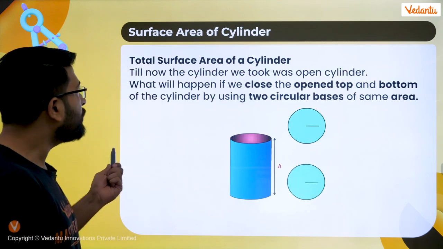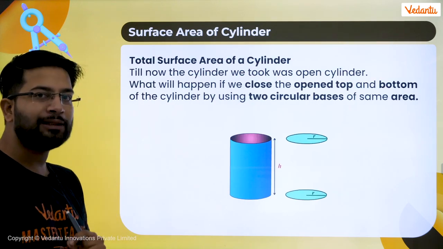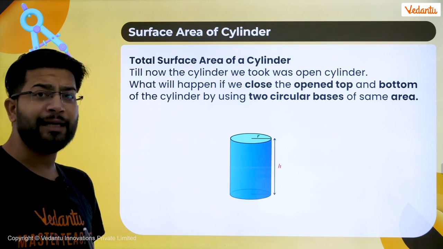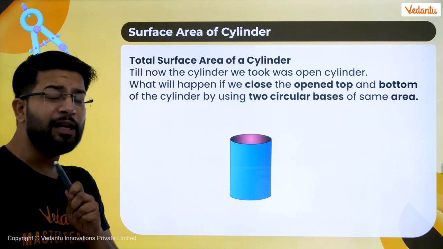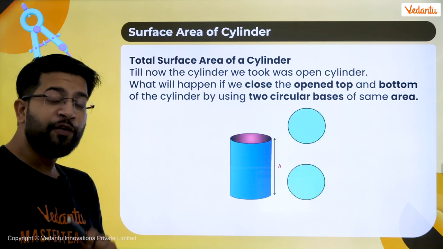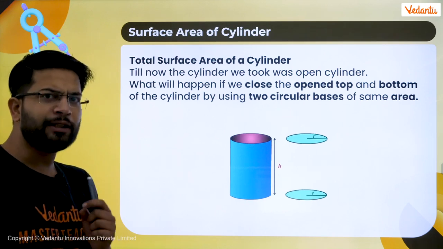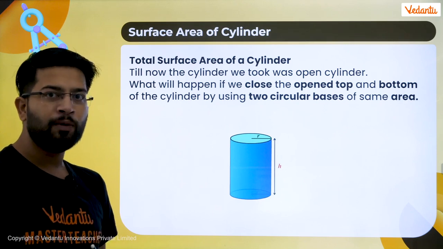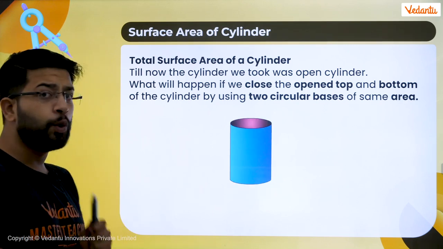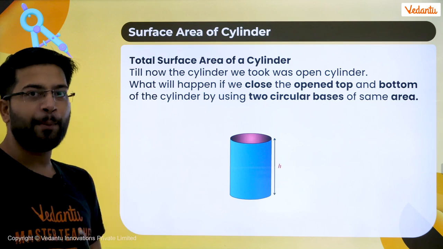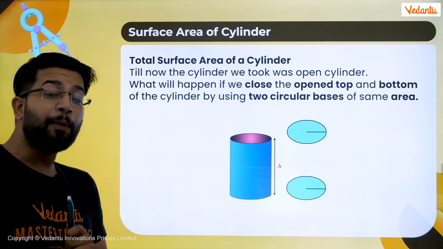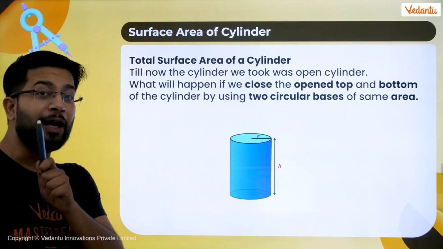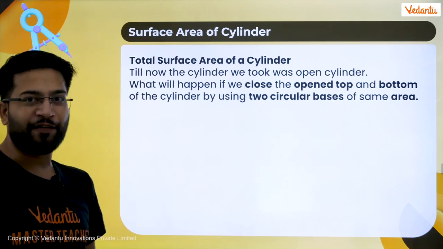Very good. So now champ, if we talk about the total surface area of the cylinder, first of all, total surface area is totally different from the lateral surface area. We found the lateral surface area for the cylinder where the top and the bottom part were hollow. But if we put two circular sheets on the top and on the bottom, then in this case we have to consider the area of the top and the bottom surface also.